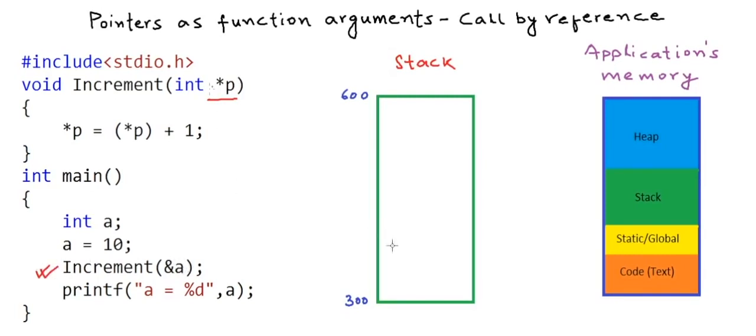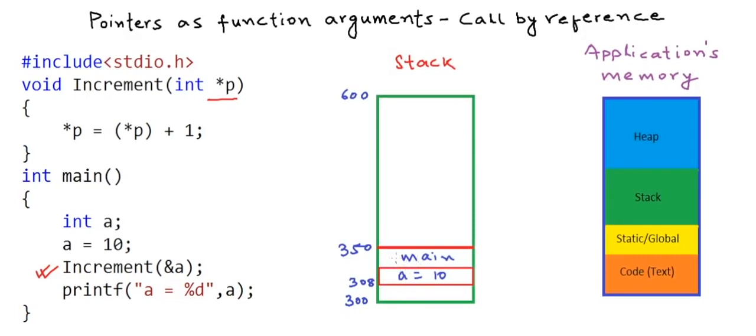So when the program starts executing, the main method will be invoked first. Let's say this is the stack frame of the main method, with addresses from 300 to 350, and there would be a local variable a in this main method. Let's say the address at which a is stored is 308. This may not be in proportion, but still let's say this is how it is stored.